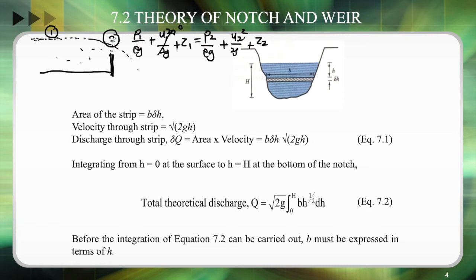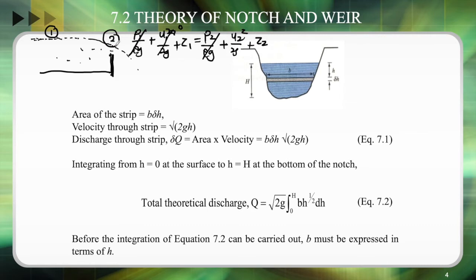For the pressure, P1 and P2 will have the same amount of pressure because they are open to atmospheric pressure. Point number 1 and point number 2 are at atmospheric pressure, therefore P1 and P2 are the same. So now we have only Z1 equals U2 squared over 2g plus Z2.